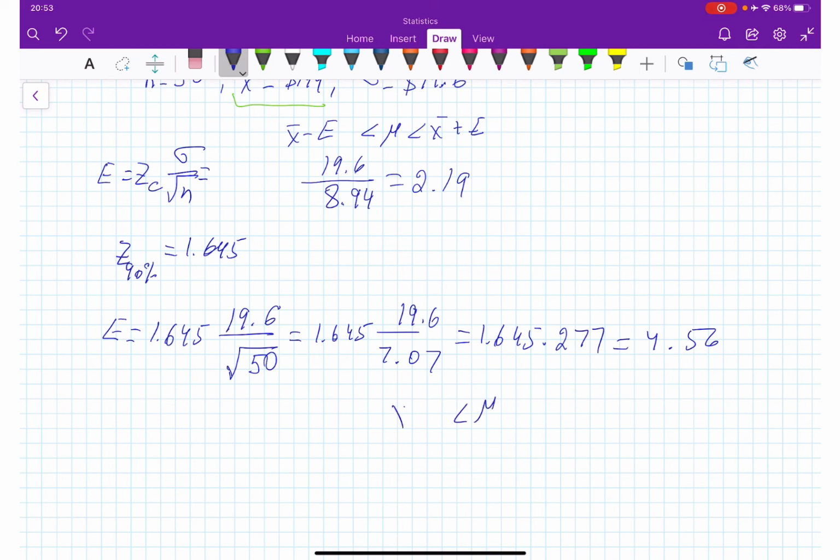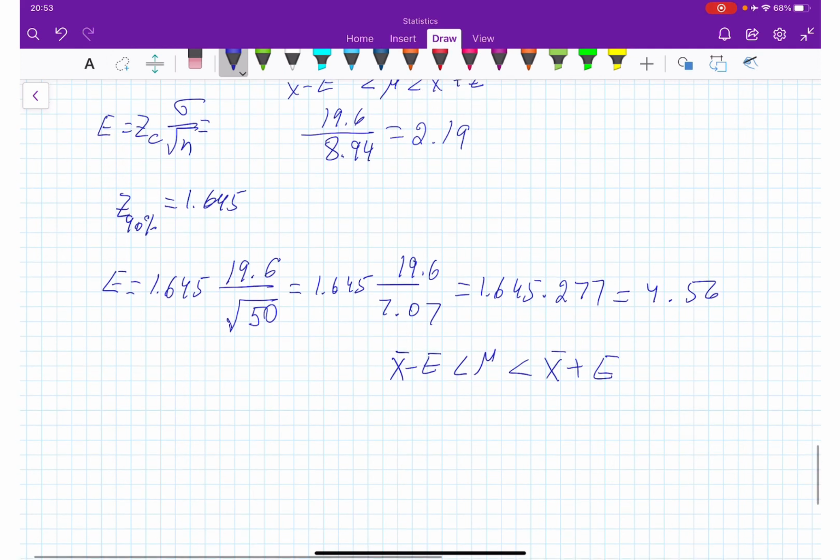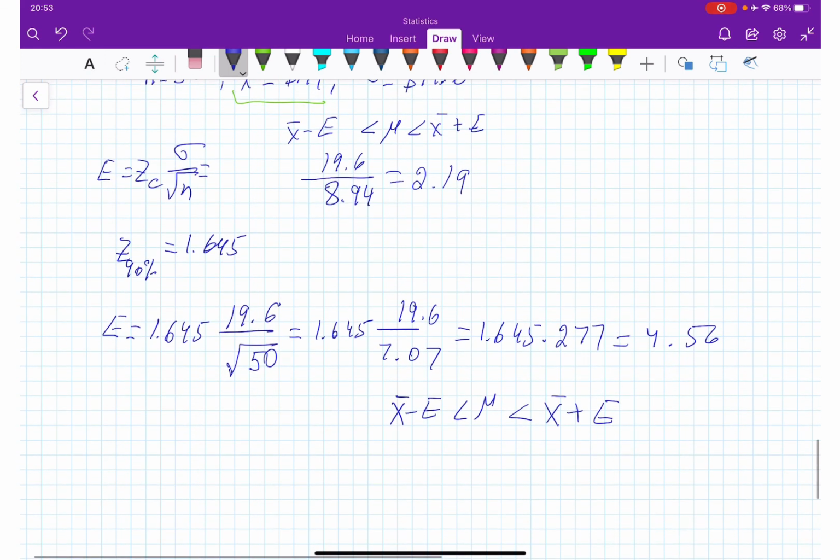Okay, now we need to find the interval where mu is greater than x bar minus error and less than x bar plus error. How much is my x bar? X bar is 149.